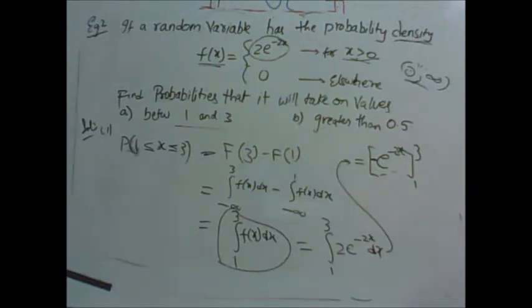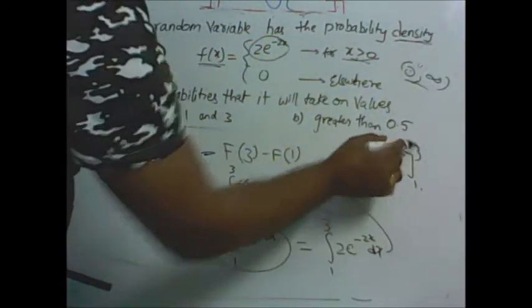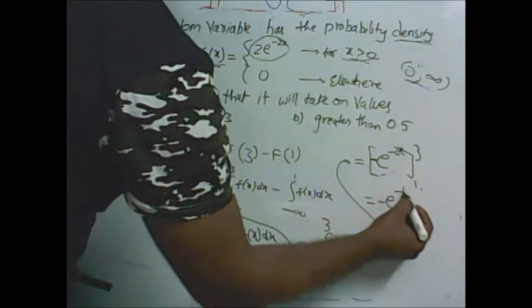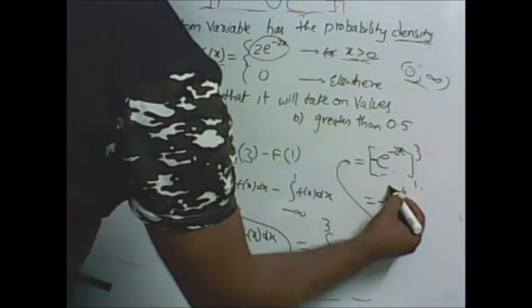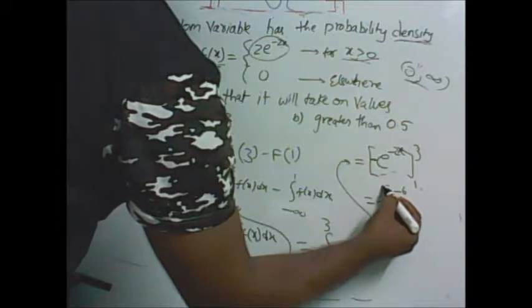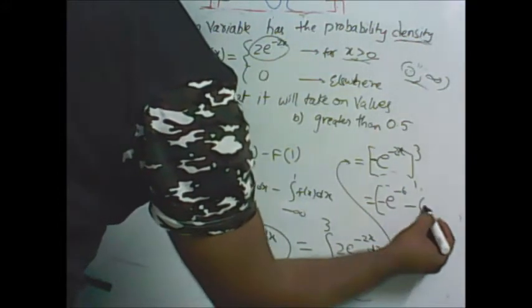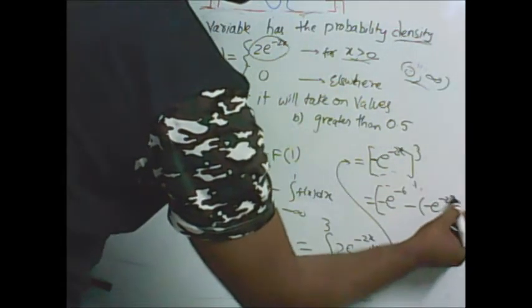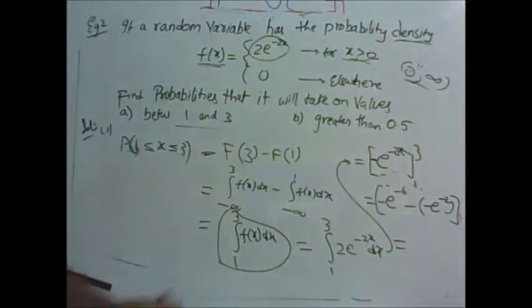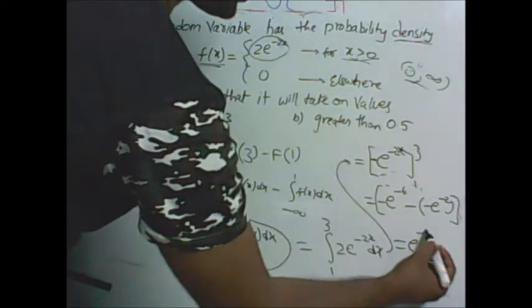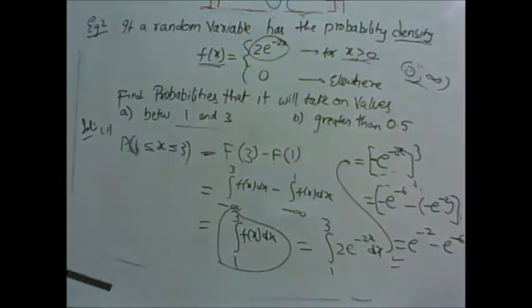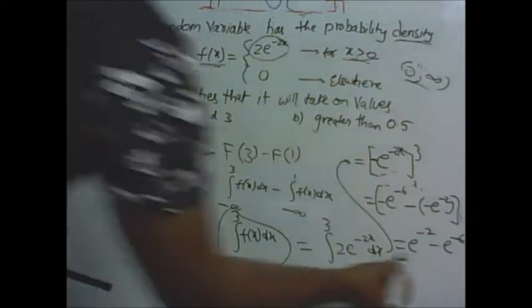Now from 1 to 3: minus e power minus 2 into 3, which is minus 6, minus of minus e power minus 2, which is equal to e power minus 2 minus e power minus 6. From a calculator, this value is 0.133.